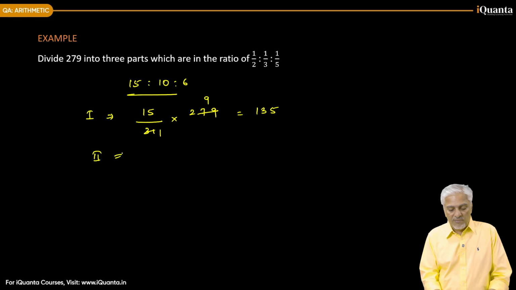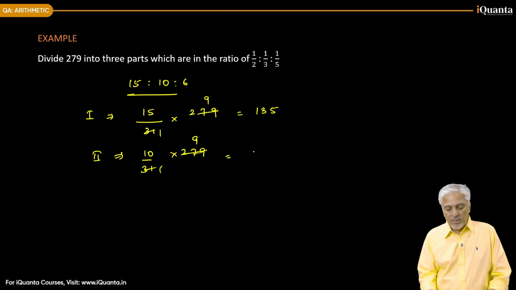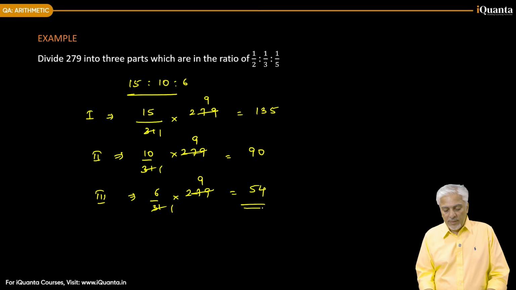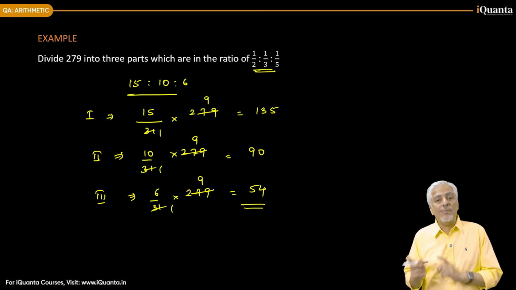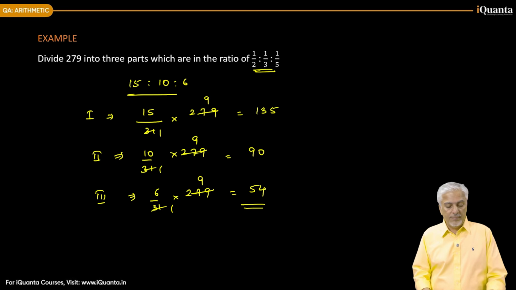The second part same way will be 10 upon 31 into 279. Same thing over here, so we get 90. And the third part will be 6 upon 31 into 279. That will become 54. Right? So either of the ways you can do it. No point doing it with fractions. You can do it with fractions also, but that will be an unnecessary waste of time.